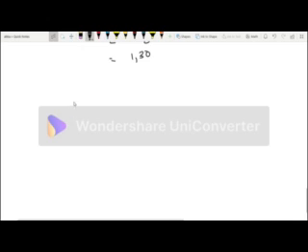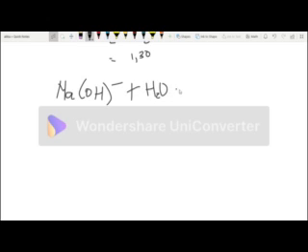Basically, the solution of sodium hydroxide is going to be NaOH. When they say solution, it means either they're going to add it with water or something, right? Now, what are we going to have? We're going to have the hydronium plus the sodium.